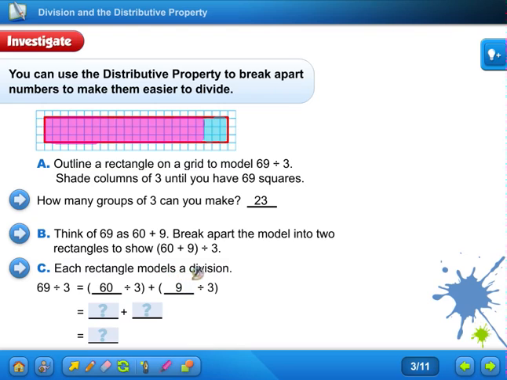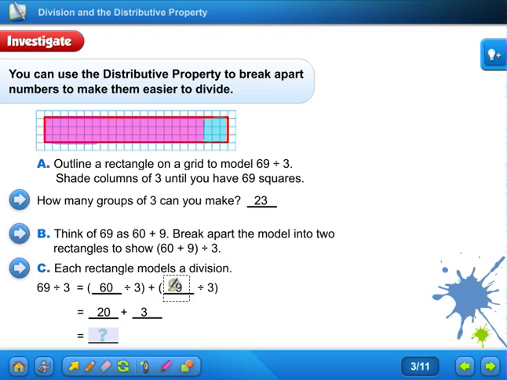There are 9. So 60 divided by 3. Well, I can think, what is 6 divided by 3? 6 divided by 3 is 2, and then you add your 0. 9 divided by 3 is 3.